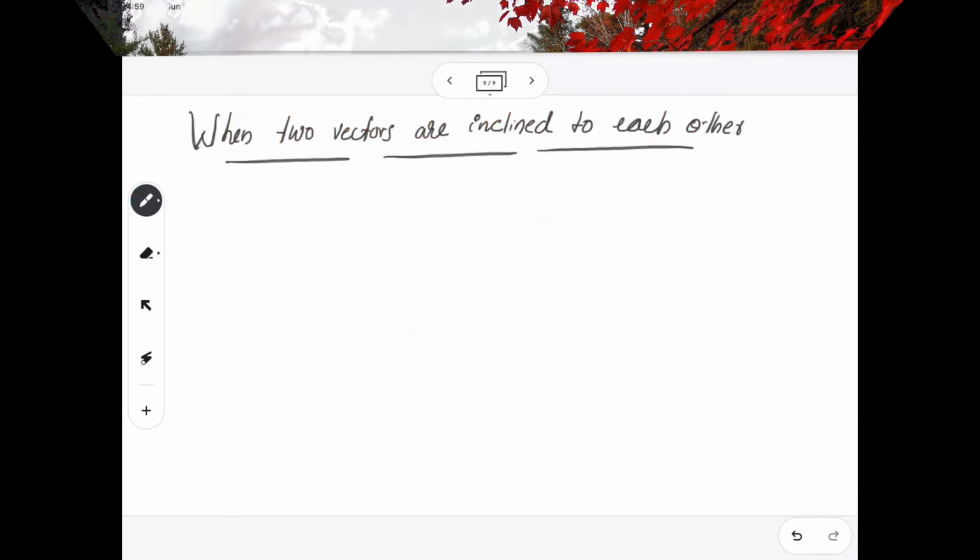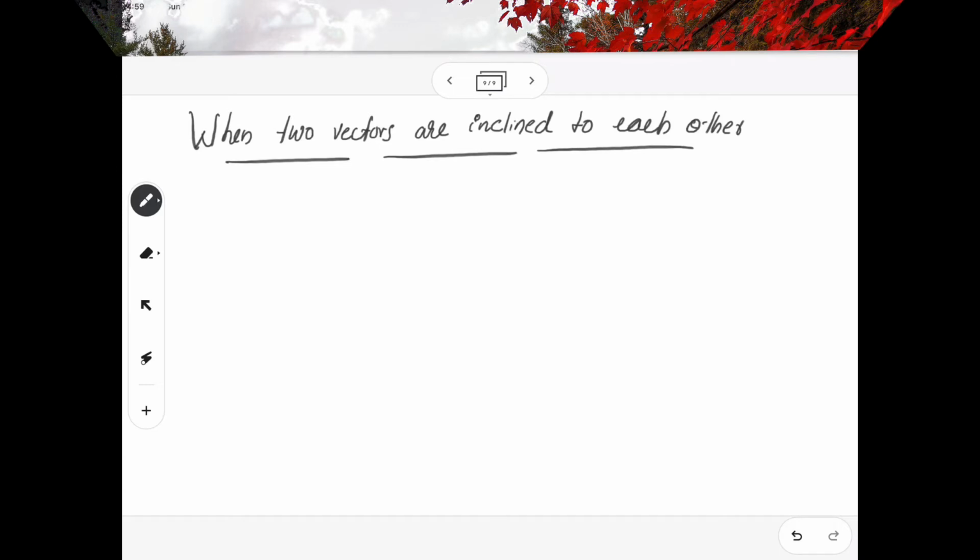And another case, when two vectors are inclined to each other. In the previous cases we have studied the addition of two vectors when both vectors are acting in the same direction, and after that when two vectors are acting at a 180-degree angle.